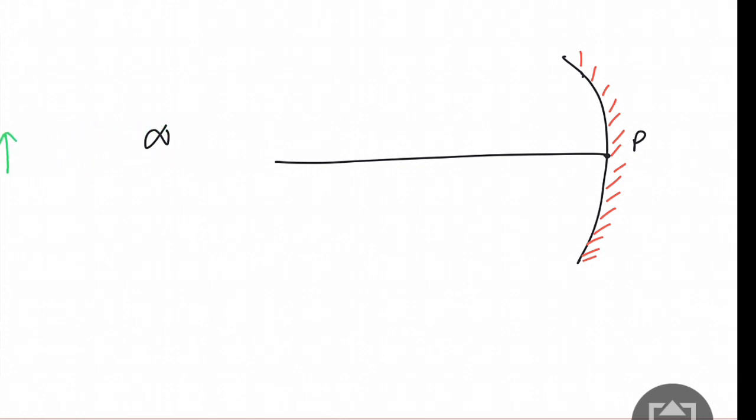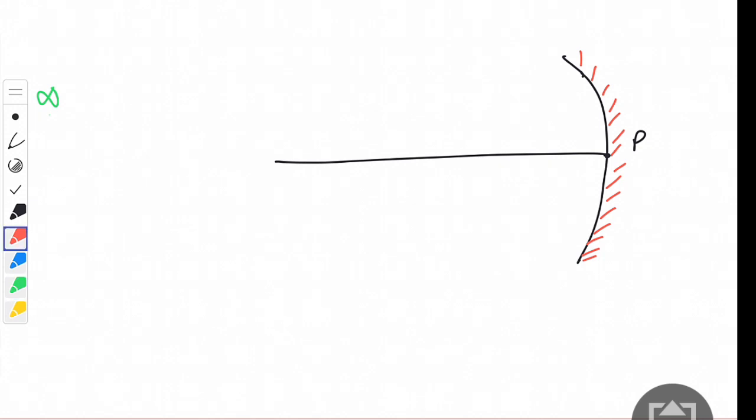This is now very, very far off, so we are calling it infinity. Infinity means practically very, very far off. I'll remove the infinity label from here so it doesn't cause any confusion. So the object is at infinity.